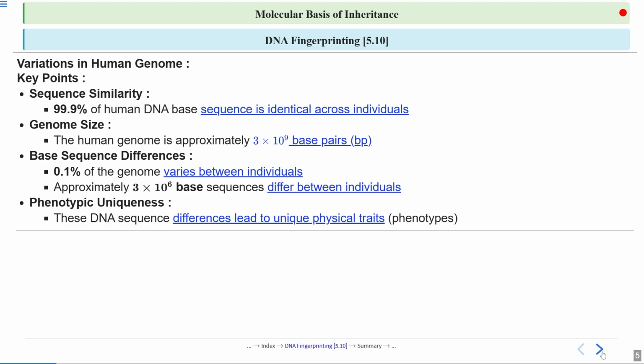Only 0.1% of the genome varies between individuals, which is approximately 3 into 10 to the power 6 base pairs. This difference gives unique physical traits, a unique phenotype, to the individual, and that's why we all look different.